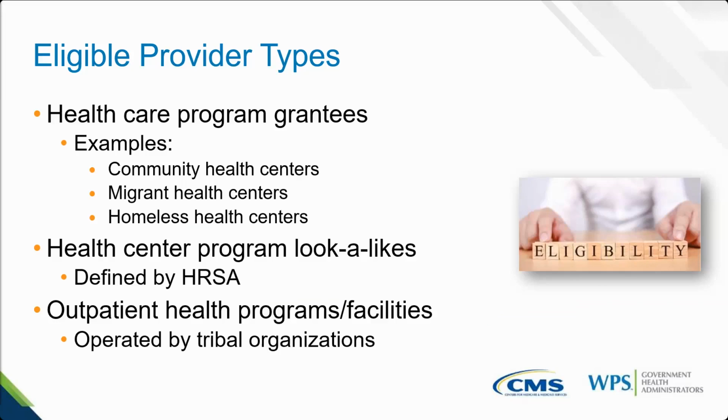So these are providers that have a HRSA certificate and are receiving funds through a HRSA grant. Some examples of that are going to be community health centers, migrant health centers, homeless health centers. And again, these are just examples. This is not a complete listing. A lot of this eligibility for a grant is determined on that HRSA website that we went into.